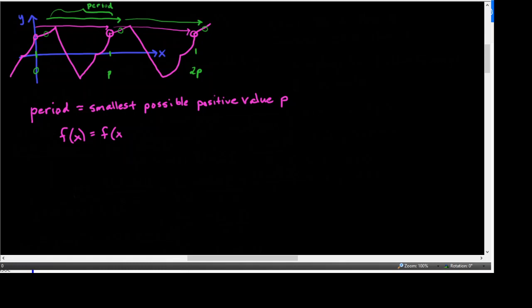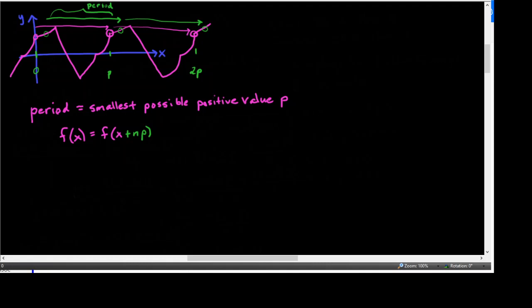And so the distance we're moving horizontally between these relatively same positioned points, that length is the period, and we can start at any x and add a multiple of that period. So n is the integer multiple of the period, and if you do that, the y values will be the same no matter what x you pick.